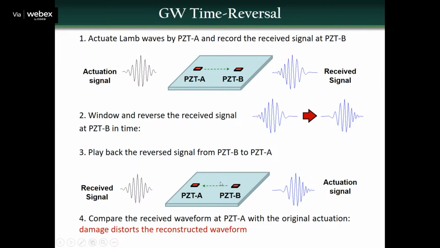Why is that? If you have damage in between, it will distort the signal when it is received at B, then you use this distorted waveform to back propagate, you may hit the damage again, then you have the damage information in this time reversal signal. And you don't really need the baseline information. By only comparing the differences, you can get the damage information.